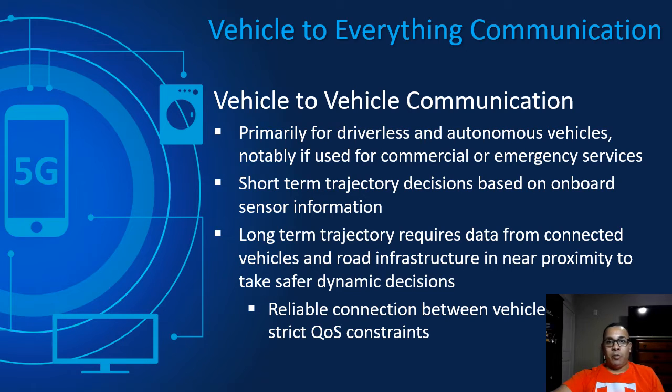Vehicle-to-vehicle communication is primary for autonomous or driverless vehicles, and most important for commercial emergency vehicles. The main purpose of vehicle-to-vehicle communication is for it to be able to perform long-term trajectory decisions, considering near proximity of cars, hazards, or other.